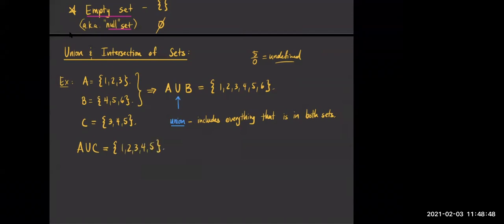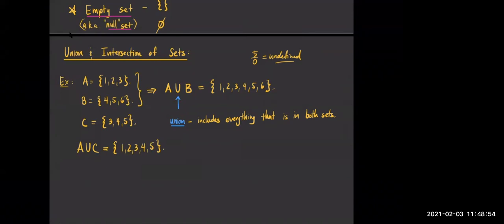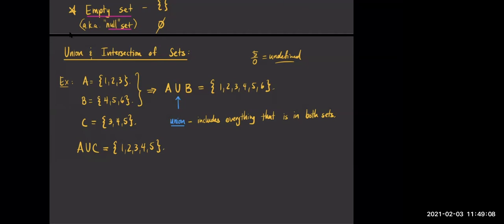But C also has 3, so does A. Yeah, but C has 3 and so does A, so you wouldn't have to write it down twice. But why would adding 3 twice help you understand what the union of A and C is?